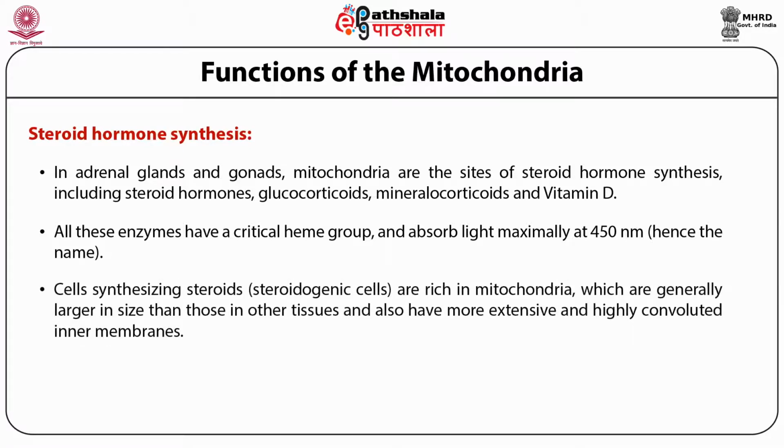Cells synthesizing steroids, which are also called steroidogenic cells, are rich in mitochondria, which are generally larger in size than those in other tissues. These also have more extensive and highly convoluted inner membranes.